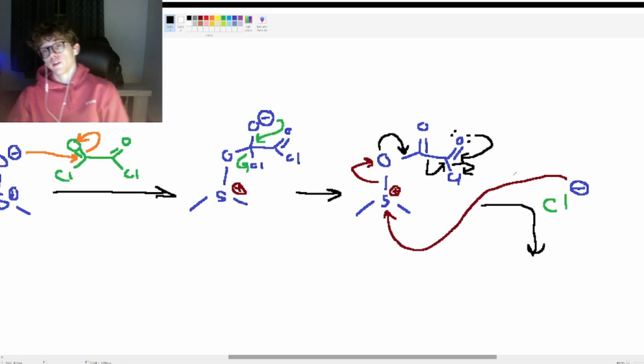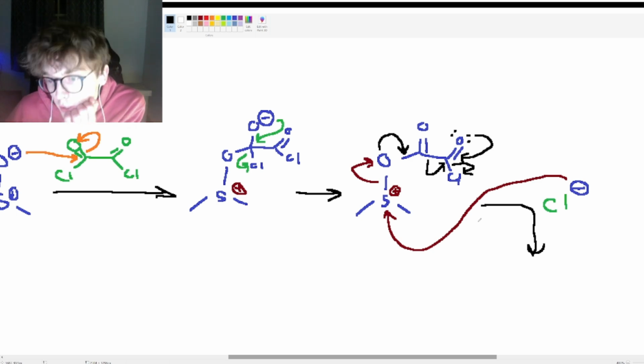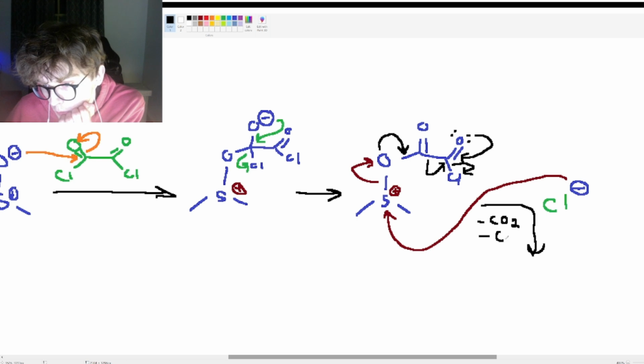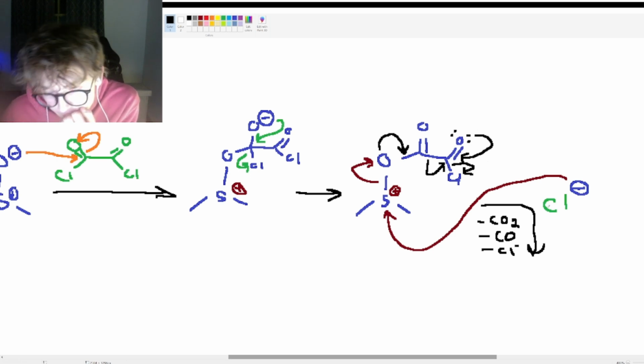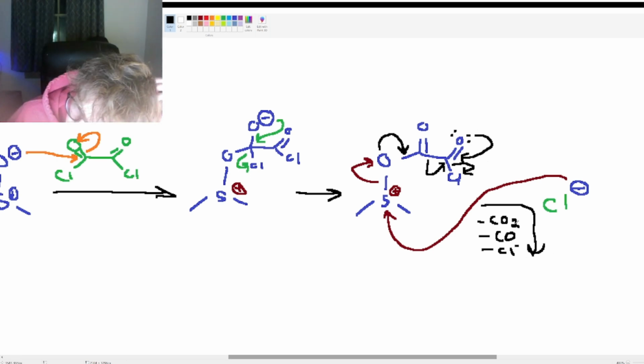So there's a lot of arrow pushing, but just know that we're going to remove CO2. We're going to remove carbon monoxide, and we're going to yeet a carbon out of there too. So those are some important waste products that get formed.